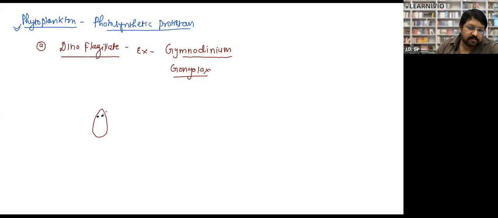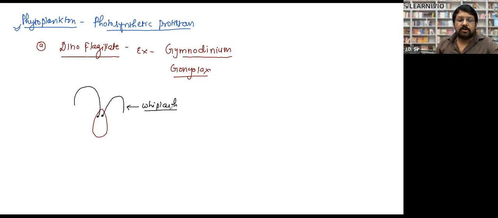Flagella originate from this type of structure, called the blepharoplast. If both flagella are similar, this kind of flagella is called whiplash flagella. These are whip-tail-like flagella, structurally similar and in the same direction.